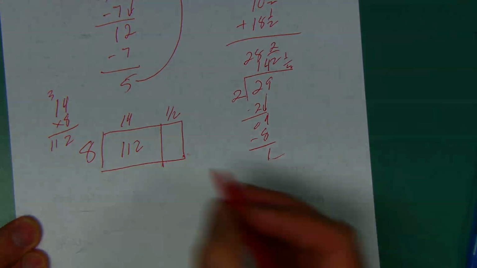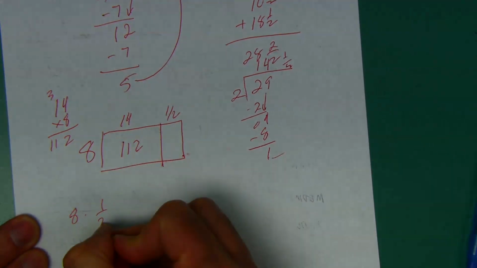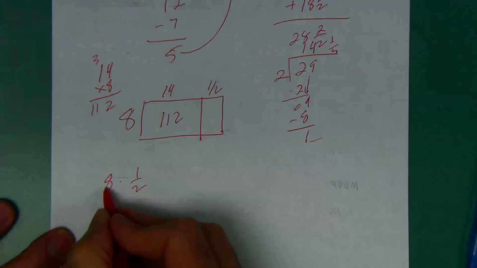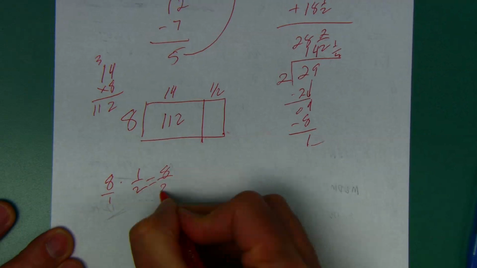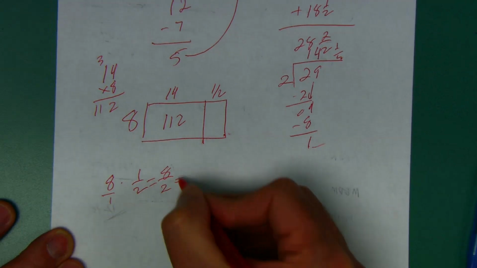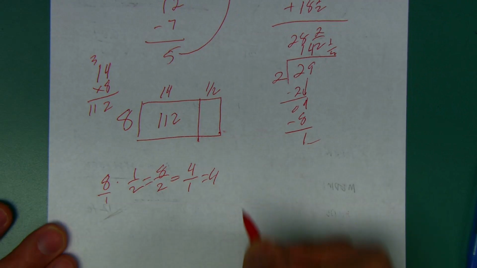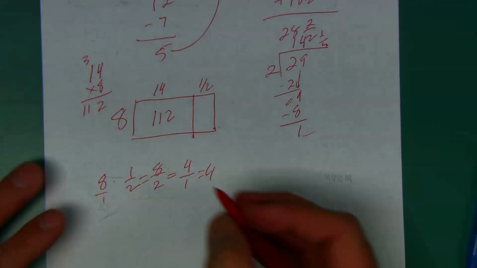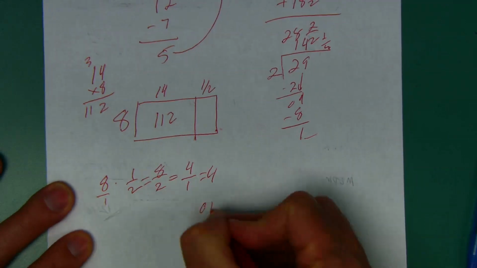Okay, so now 8 times a half. Instead of doing all this work over here and saying, how do I make this a fraction? Oh, put a 1 under the 8. 8 times 1 on top, 1 times 2 on the bottom. Let's simplify. 2 goes into the top 4 times, goes in the bottom 1. 4 over 1 is 4. You know what you can do is remember what word also means multiply in math? Of.